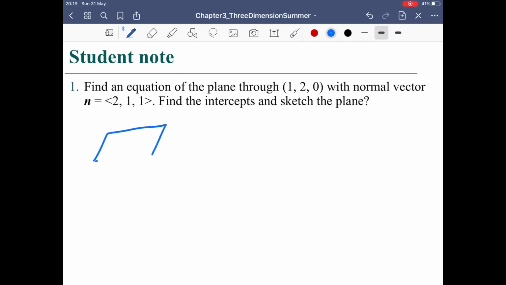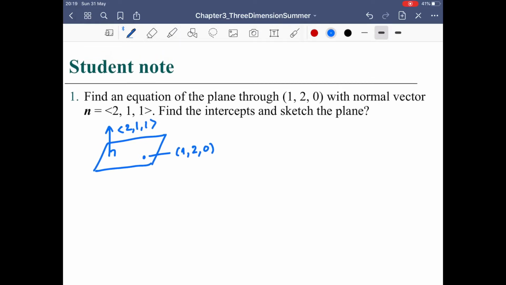For this kind of problem, it would be better if you draw a picture, that will help a lot. This plane is passing through the point (1, 2, 0) and has a normal vector of (2, 1, 1).